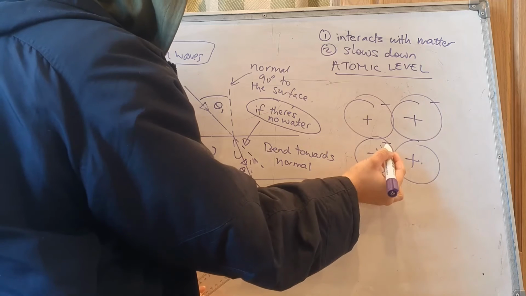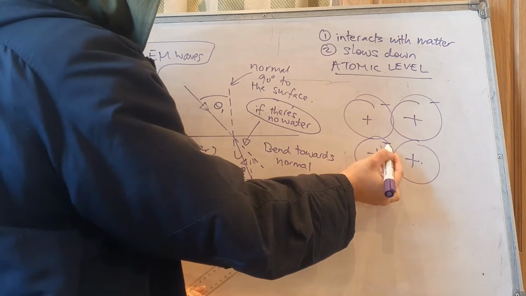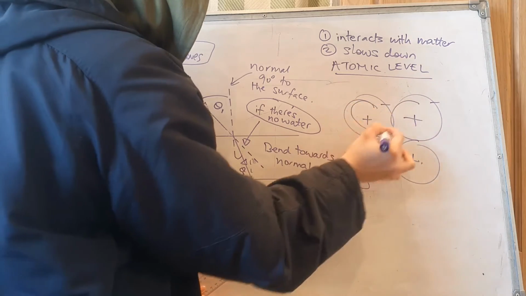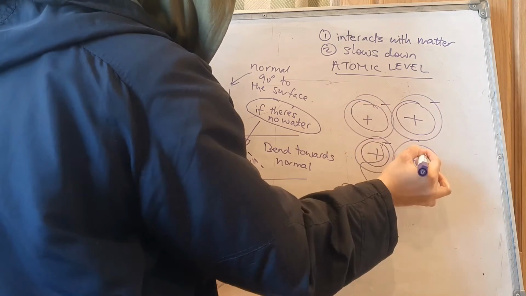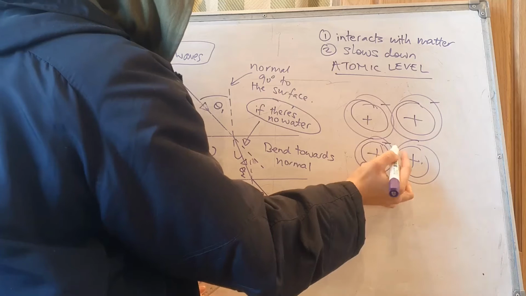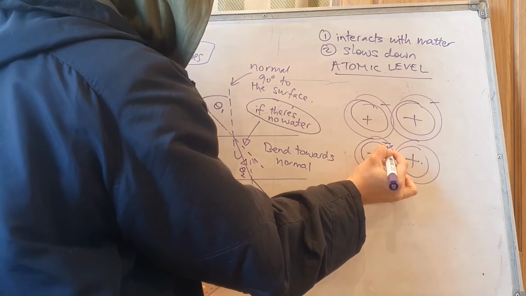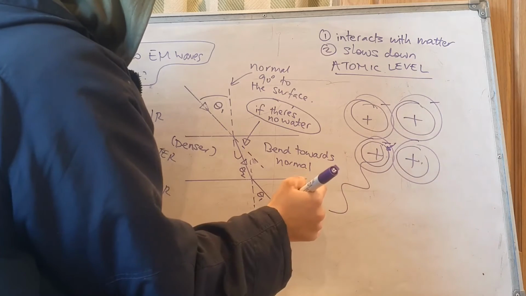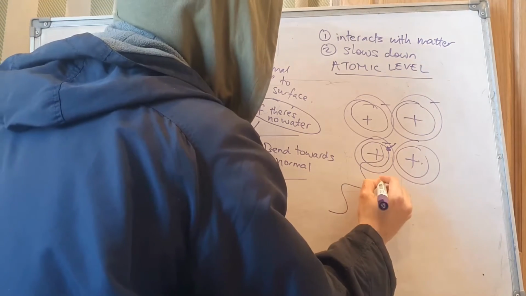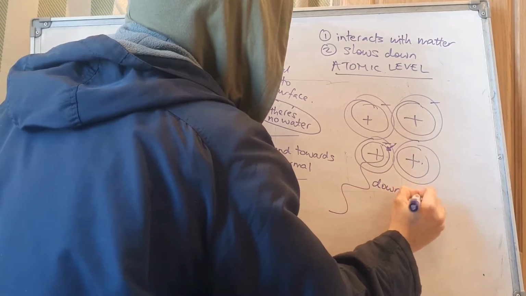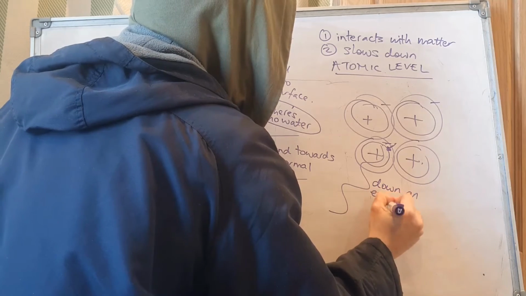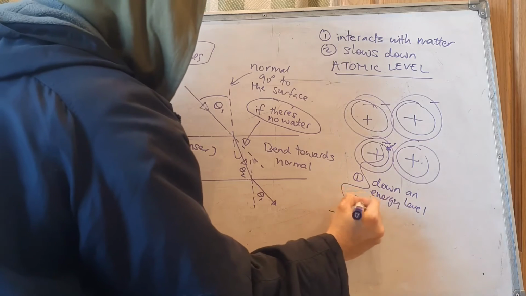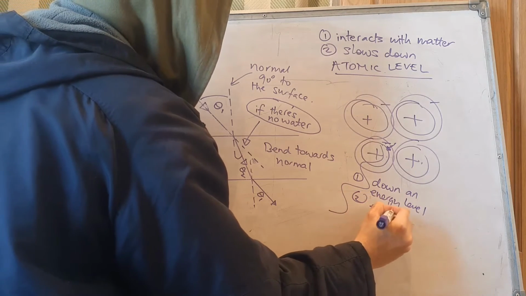As it interacts, the electron goes down an energy level. So let's just say these are energy levels. It goes down an energy level, and when it goes down an energy level, it emits light.